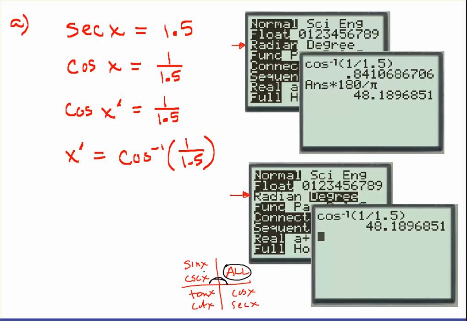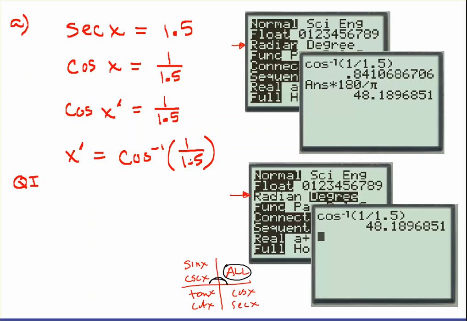So we just need a negative and a positive quadrant here. Notice 1 over 1.5, that's a positive answer. So we know that we are in quadrant 1, so we can just say Q1. If it was negative, if we're trying to figure out secant x equal to negative 1.5, that means we would be in quadrant 2.